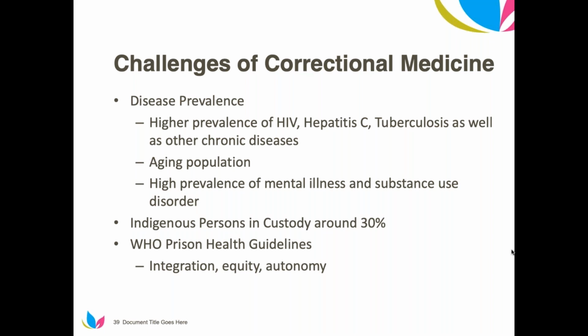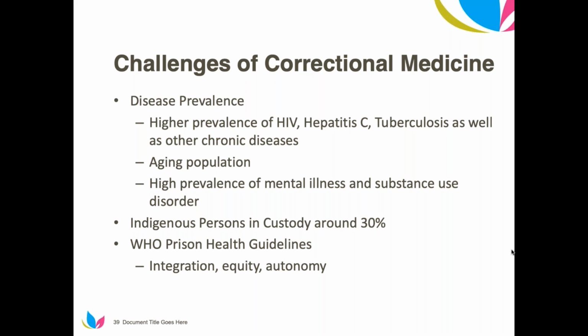If you look at disease prevalence in correctional medicine, it's very similar to a marginalized population that we see, for example, in the downtown east side. There's higher prevalence of HIV, hepatitis, TB. We do have an aging population within corrections, and as I mentioned earlier, there's a high prevalence of substance use and mental health illness.